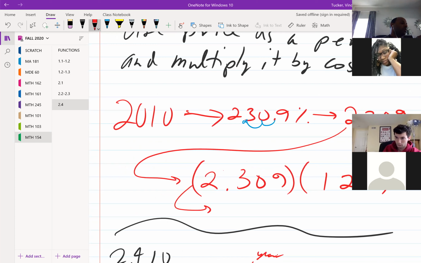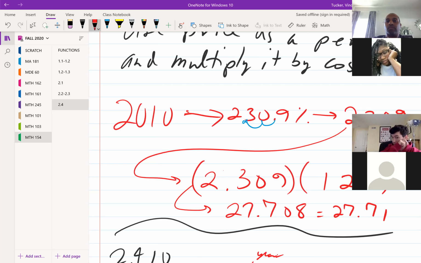All right. 2.309 times 12. That'll be 27.708, which is 27.71. Yep, it says round to the nearest cent.